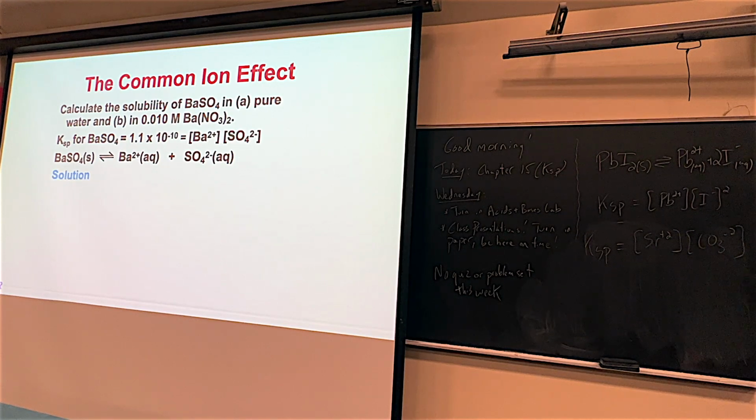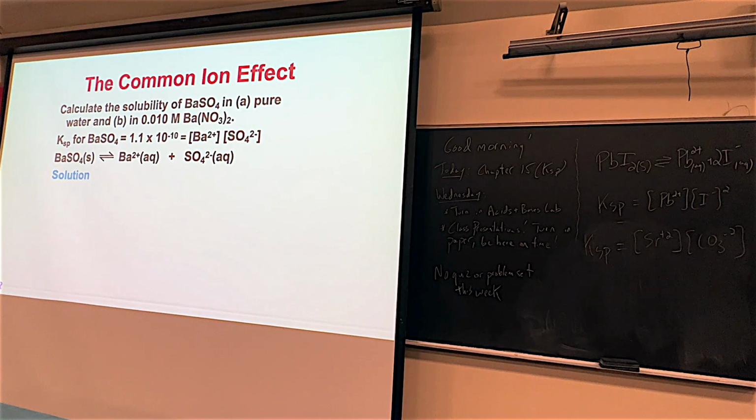And we can write that as equal to the barium ion concentration times the sulfate ion. And remember that all these KSPs, it's always the solid in equilibrium with the ions. So the question is, we first want to find the solubility in pure water, and then we want to find the solubility when there's some barium ion present.